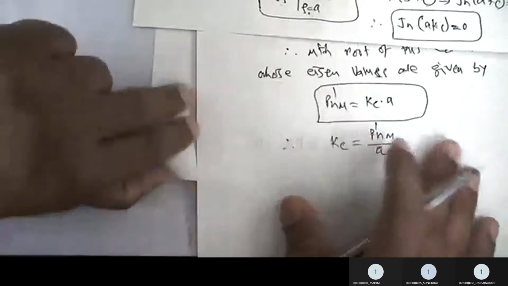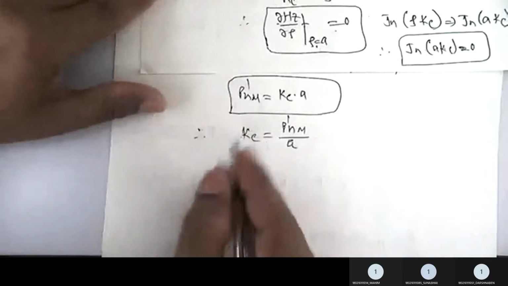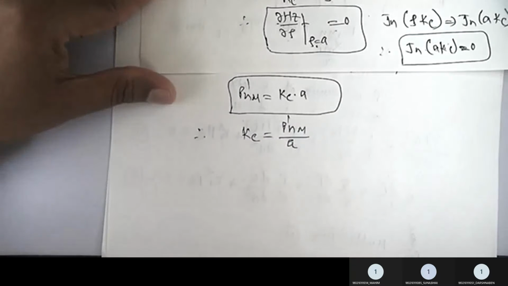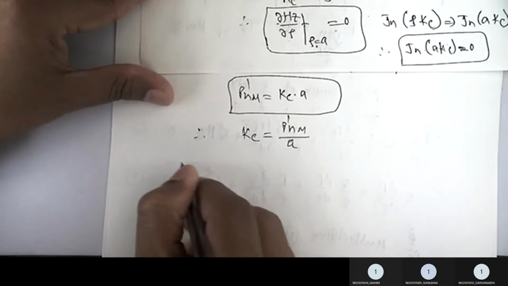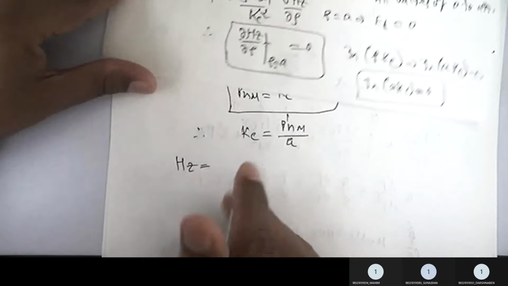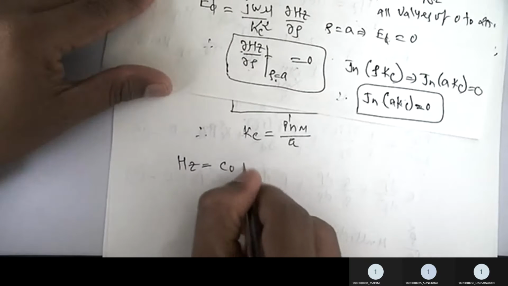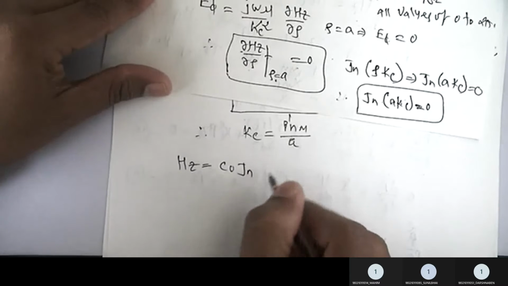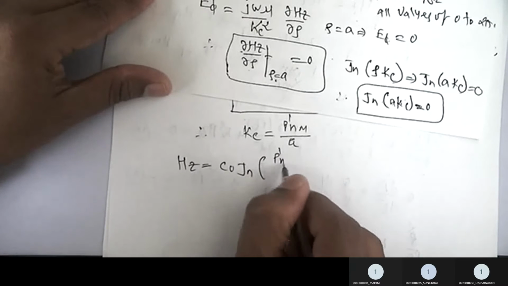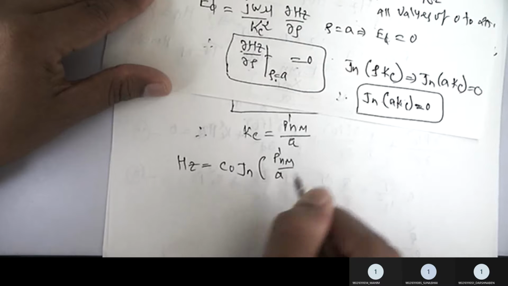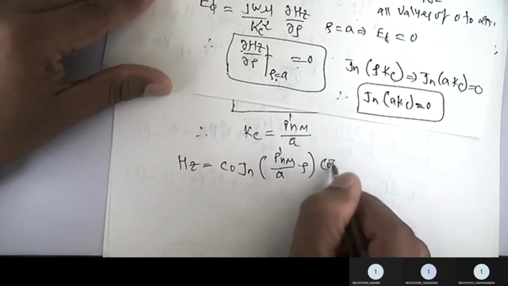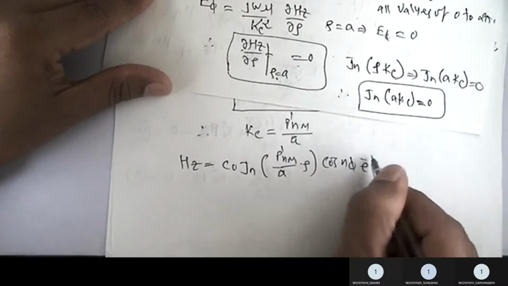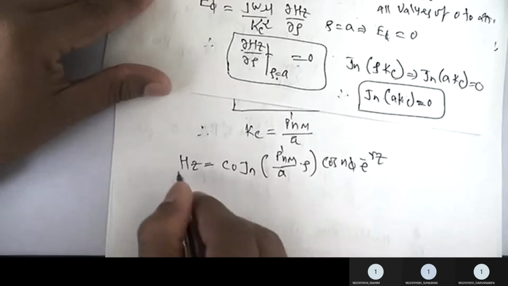So I can write now the same h of z in terms of these expressions. So h of z will become once again C0 J_n (p'_nm / a times rho) cos n phi e raised to minus gamma z.